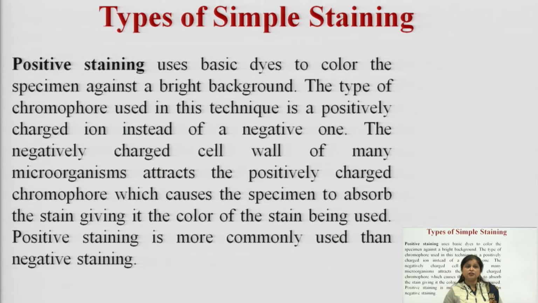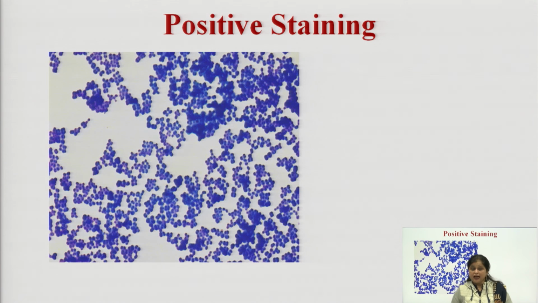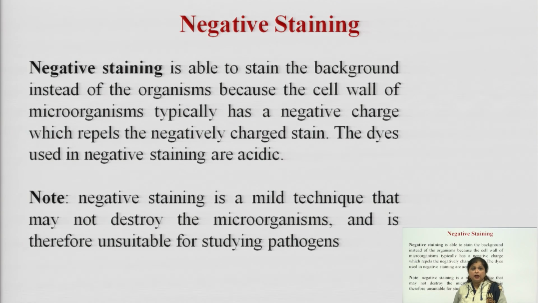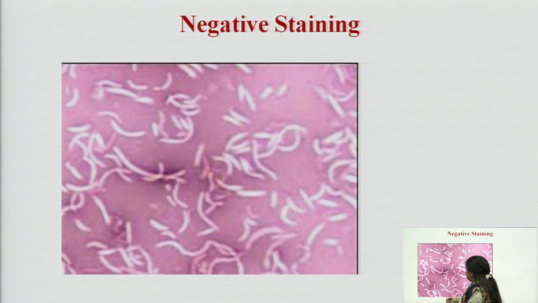In positive staining, the dyes used are generally basic in nature. As you can see, the cells are stained but the background is colorless. Similarly, in negative staining, the background is colored whereas the cells are colorless.